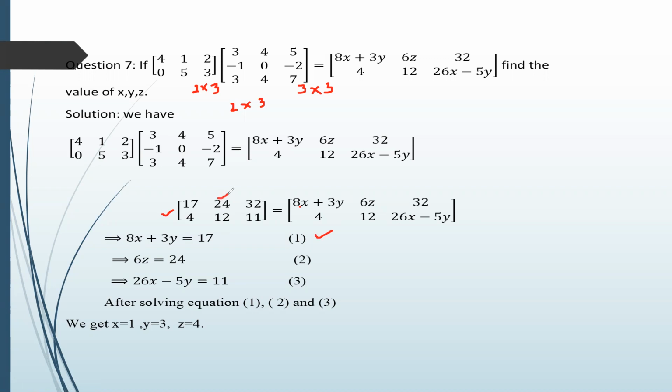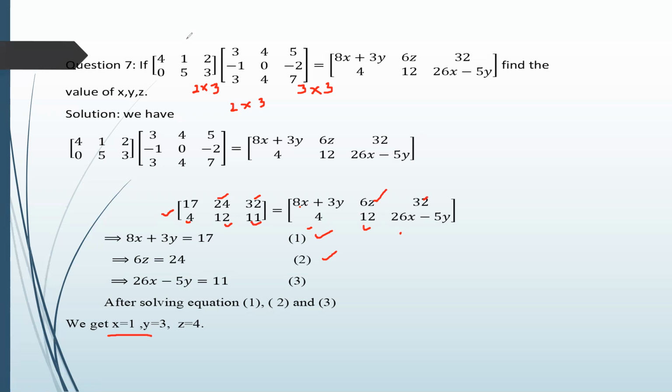The second element: 6z equal to 24. This is the second equation. Similarly the remaining elements match, and the last gives 6x minus 5y equal to 11. After solving these equations, we get x equal to 1, y equal to 3, z equal to 4.